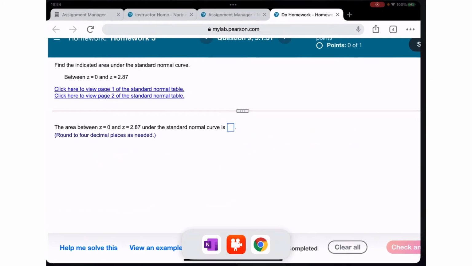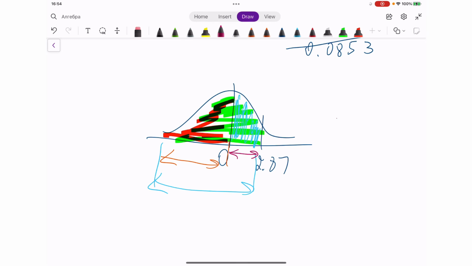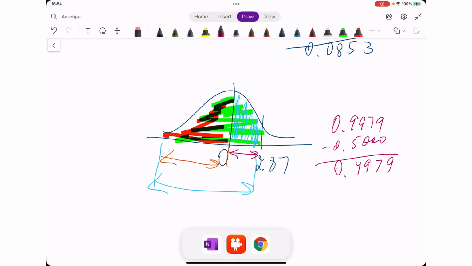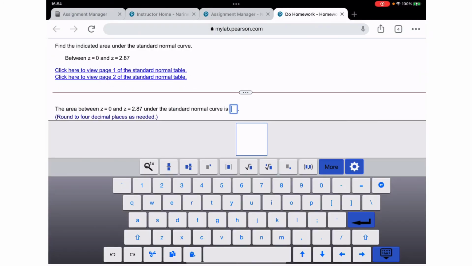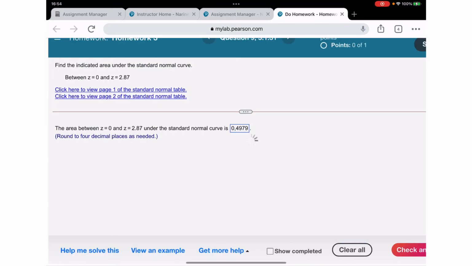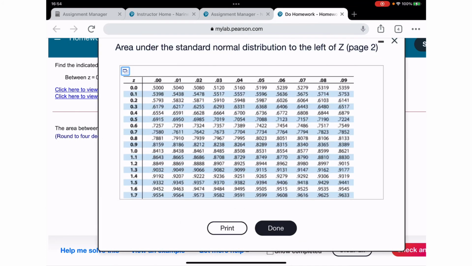So what do we have? 0.9979 minus 0.5. And we get 0.4979. Let's see. Okay, what did I do wrong again? Some numbers I'm messing up. Hold on. 2.87.